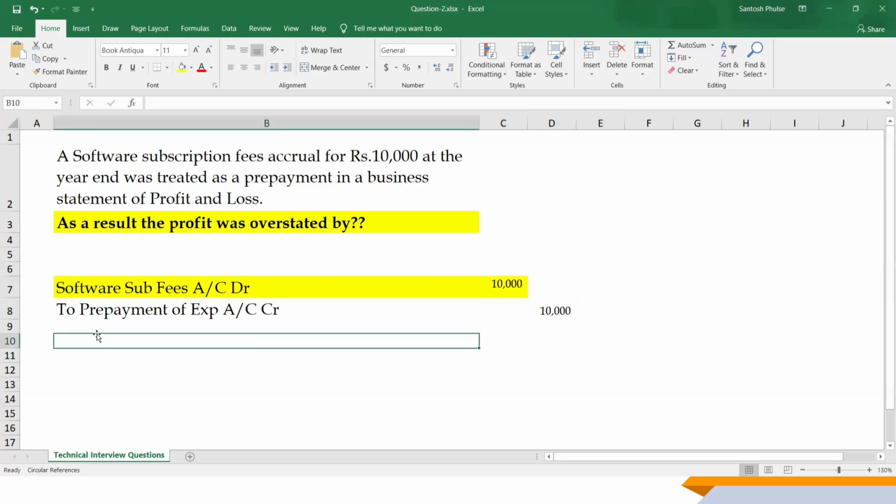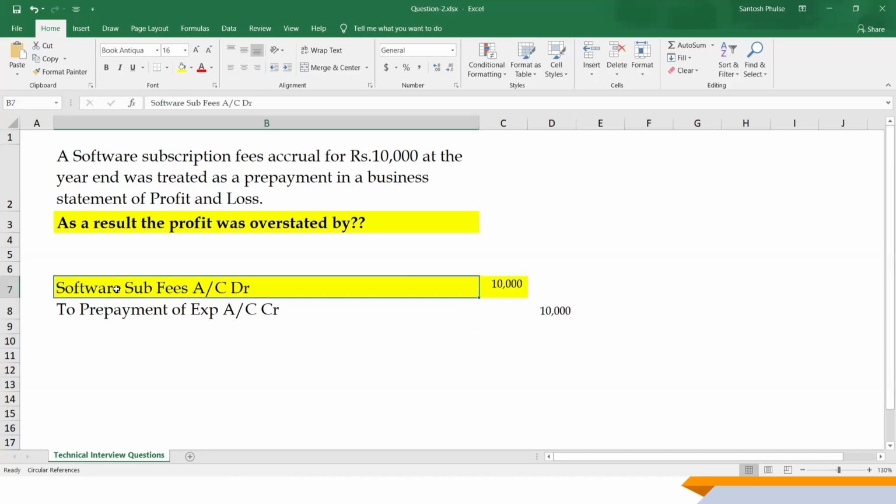Now it's not only one entry, there is one more entry we have to book in the system. That's the correct entry towards the software subscription fees for accrual. That also is not booked. Since at first we booked it as a prepayment expense and reduced the balance of software subscriptions, by doing this entry we are reversing that entry.